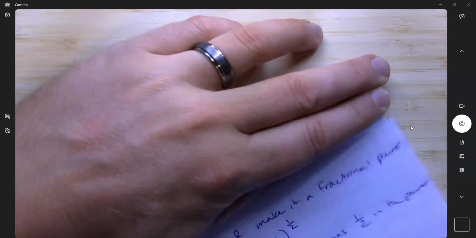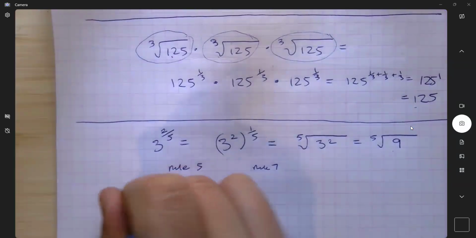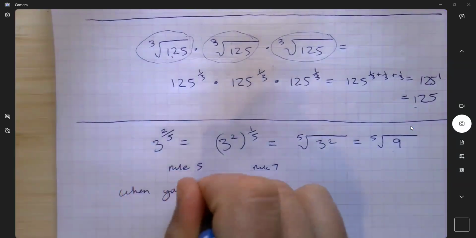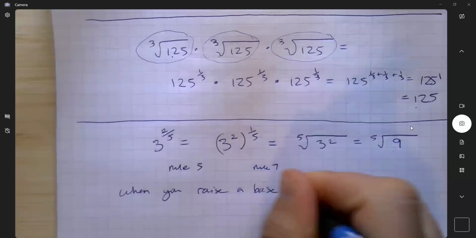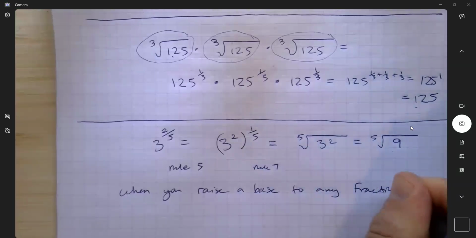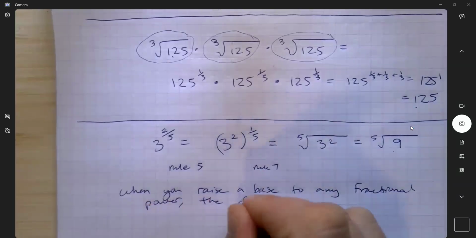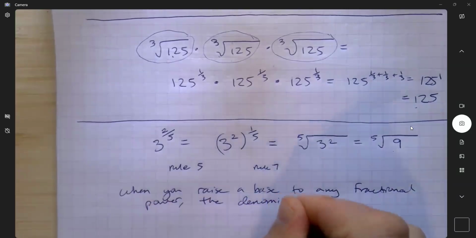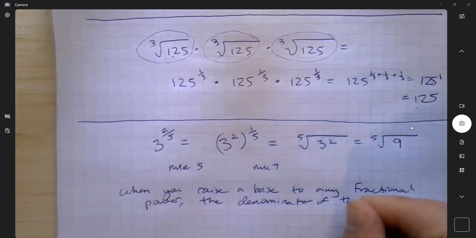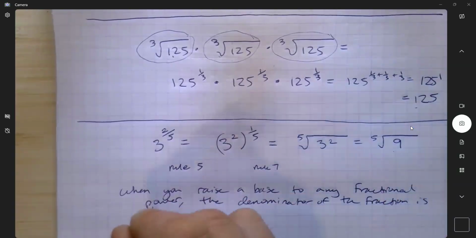So just to make that a little more clear, it's not actually a separate rule, but when you raise a base to any fractional power, the denominator of the fraction is the root.